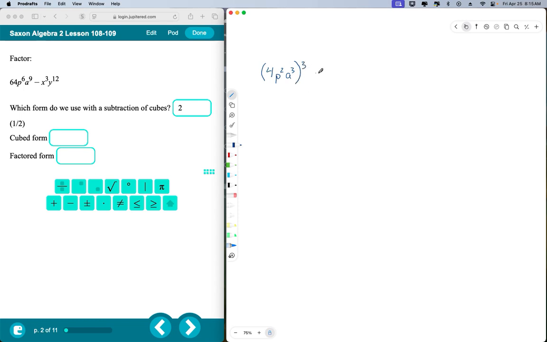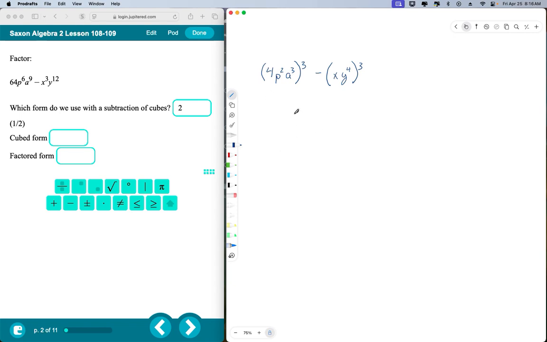Cubed minus x and then y to the fourth power cubed. Because if you multiply this times that, you get 6. This times that, you get 9. And you cube this, you get 64. Same thing here. 3 times 1 is 3, and 3 times 4 is 12. So we know that that is the cubed form.